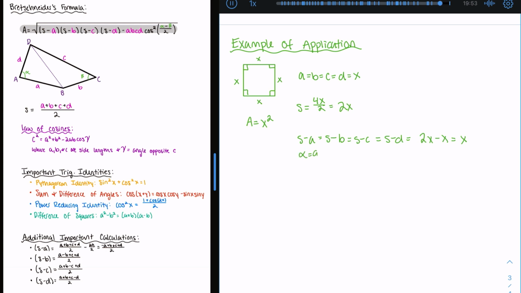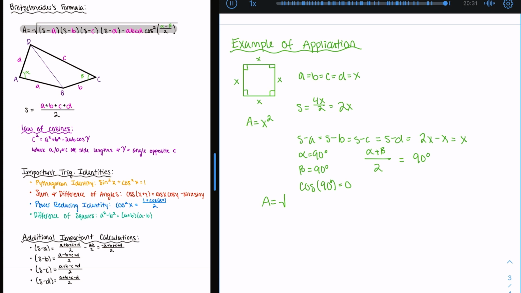So alpha would be 90 degrees and beta would be 90 degrees. Then we can figure out what alpha plus beta divided by 2 is, which would be 90 plus 90 divided by 2, or in other words, just 90 degrees. And then the cosine of 90 degrees is equal to 0.